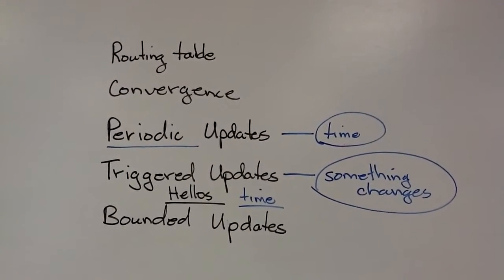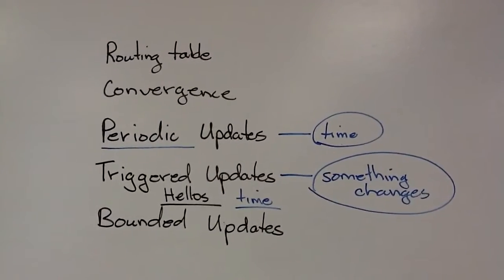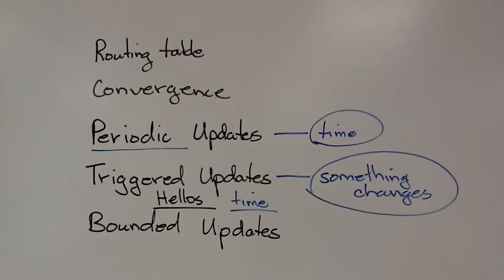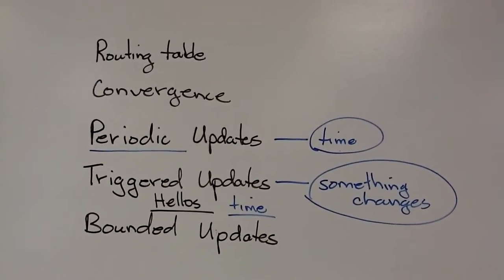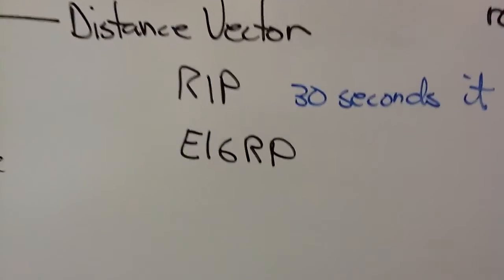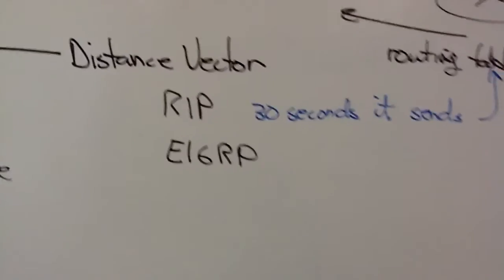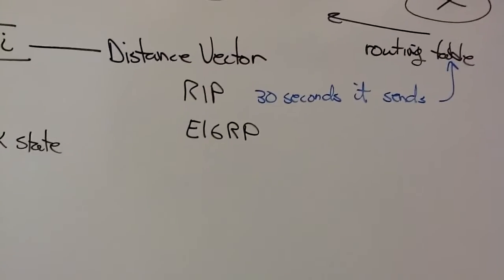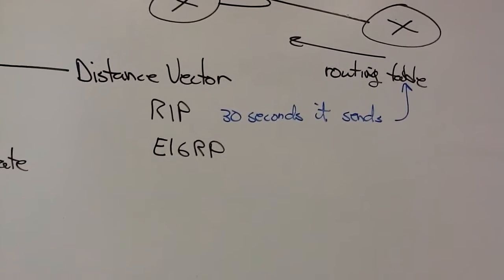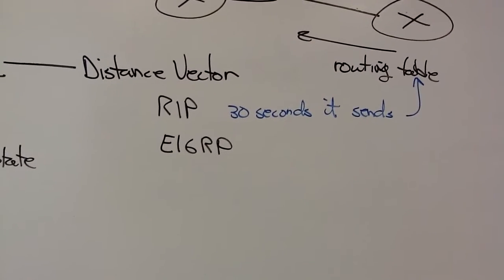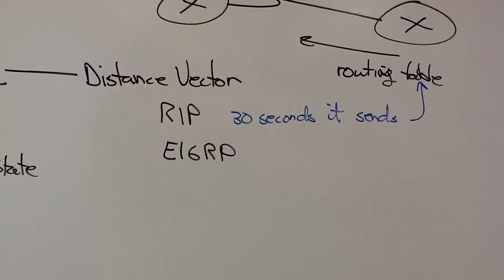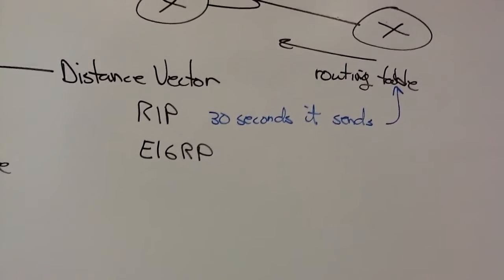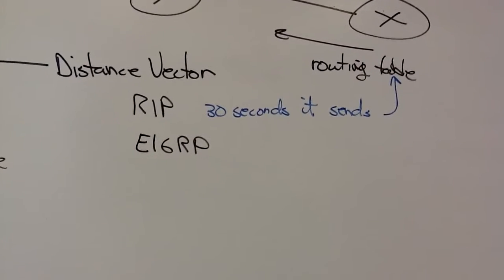Bounded updates: that's where it's only going to send information that deals with the specific update rather than sending the entire routing table. An example would be RIP every 30 seconds, so it's periodic. It sends the entire routing table, so if there's changes, the router can compare to what it has gotten before from RIP and make the adjustments.